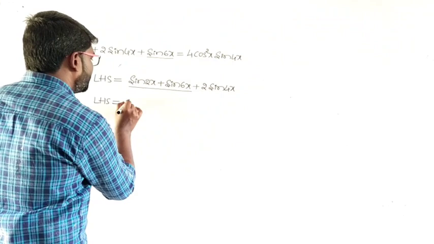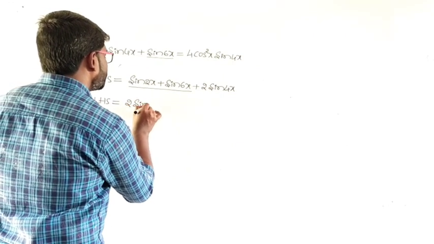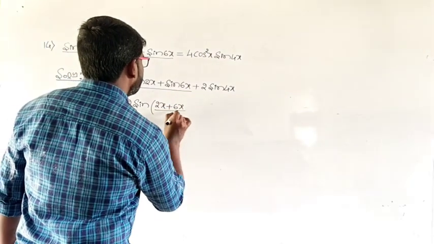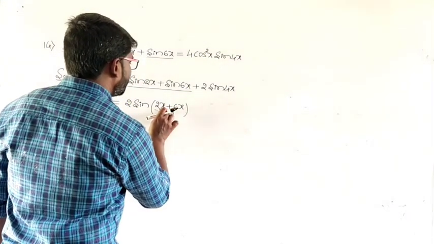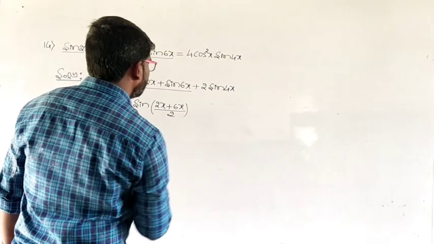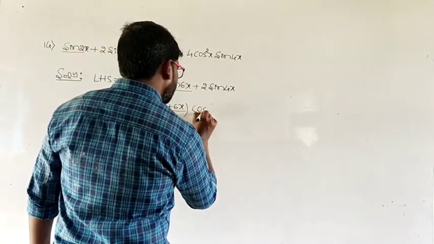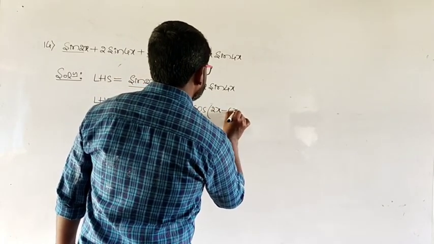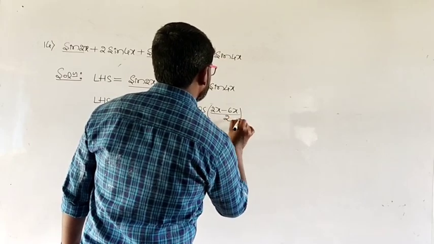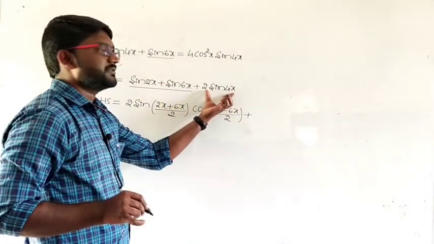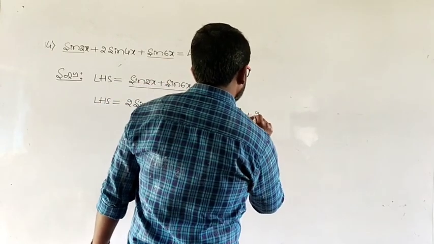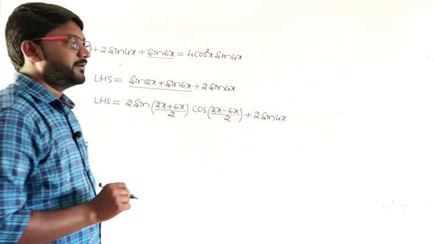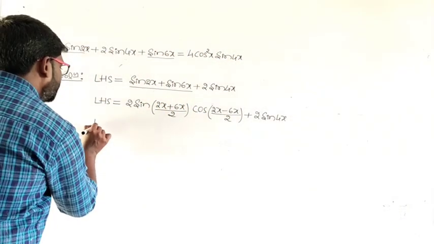Sin x plus sin y will be 2 sin x plus y by 2, that is 2x plus 6x divided by 2, into cos x minus y by 2, that is 2x minus 6x divided by 2, plus, at the end I write this term as it is, plus 2 sin 4x.